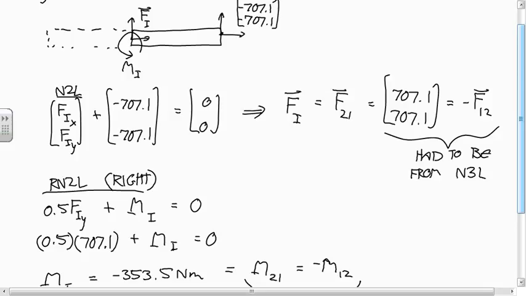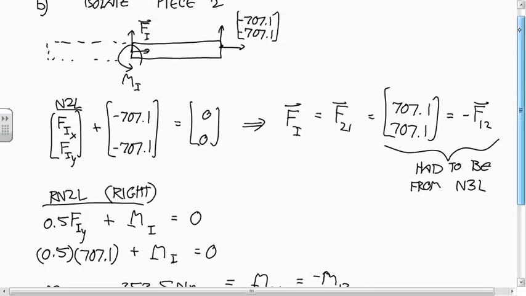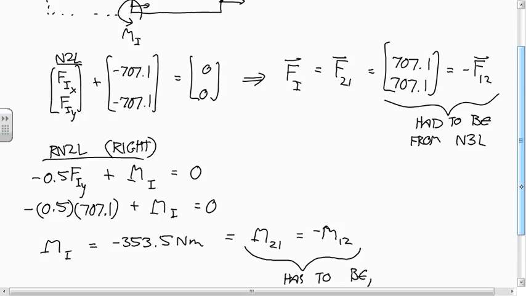From the right, we should have gotten, so this F_y produces a clockwise rotation, so this should be negative. And so, yeah, you should have gotten what you got, a positive value here.